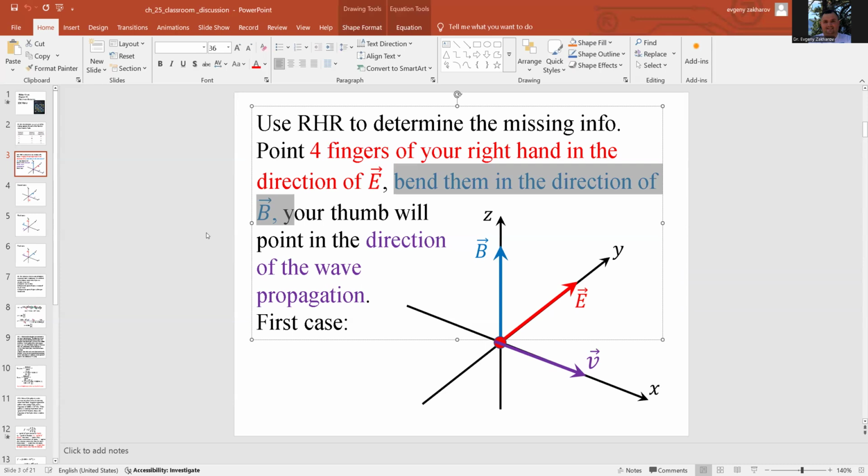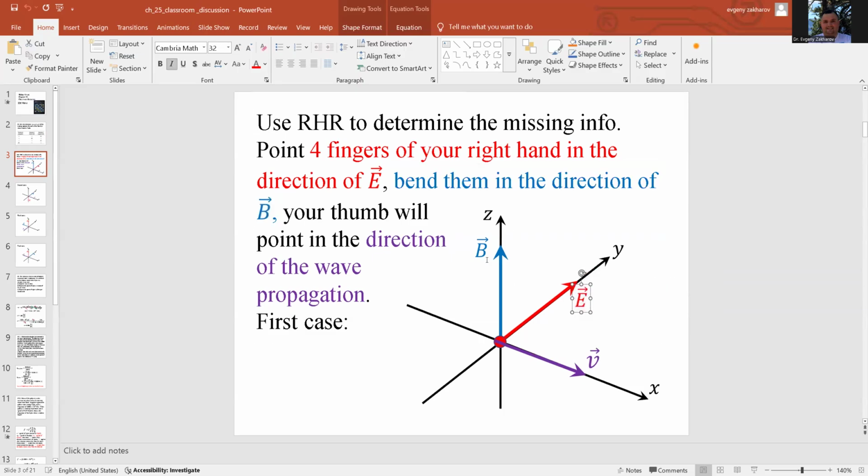Using the right hand rule, your thumb shows to the right. This is your right hand rule.